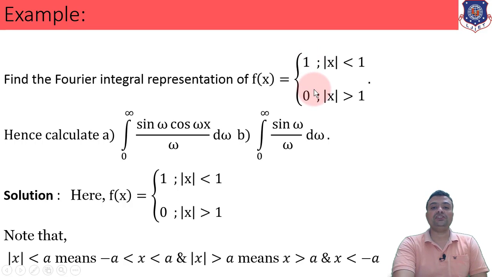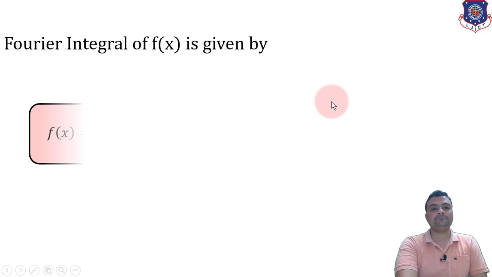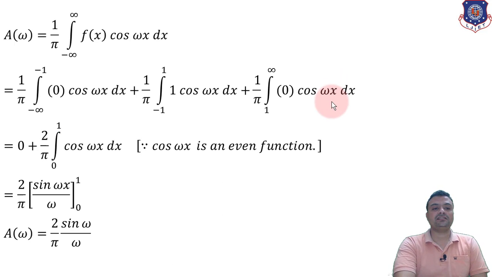From minus infinity to minus 1 it is 0, from minus 1 to 1 it is 1 and from 1 to infinity it is 0 again. So if I consider my range minus infinity to infinity in three parts, accordingly the function will assume values 0, 1 and 0.